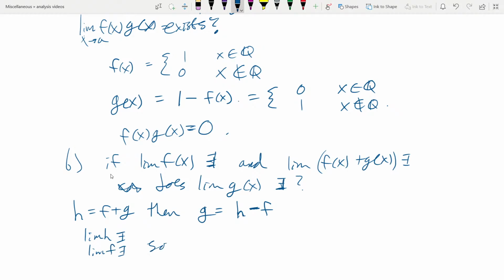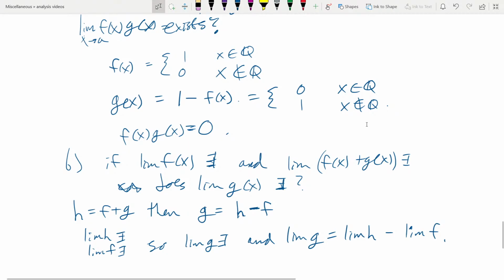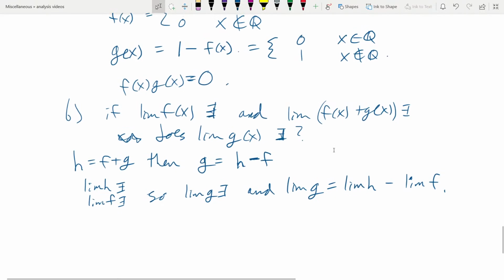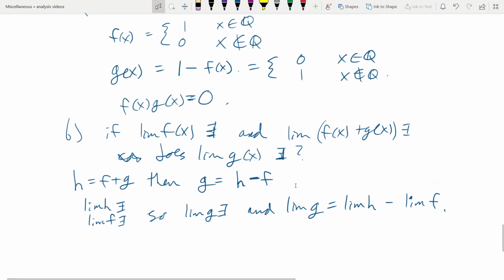So by the regular limit laws, the limit of g exists, and in fact the limit of g must be equal to the limit of h minus the limit of f. Just suppressing all of the subscripts and the variable of the function.